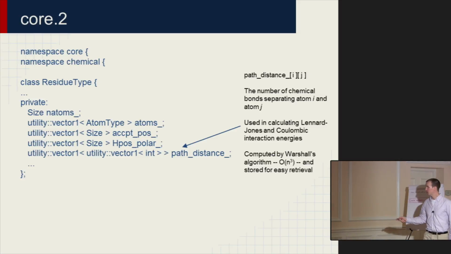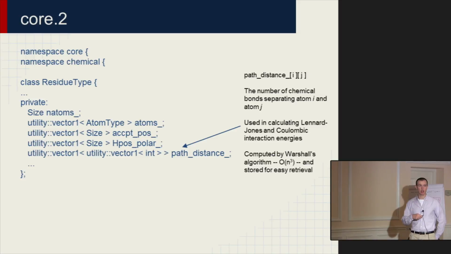So other information that's stored in residue type is basically a vector of vectors, or table, of path distance information. If you were to look into path distance i, j, that would tell you the number of chemical bonds that separate atoms i and j.